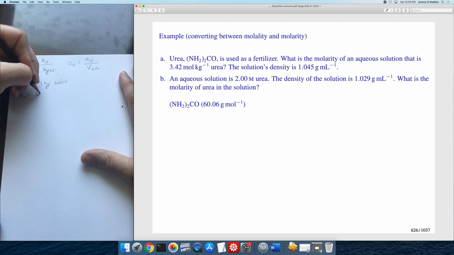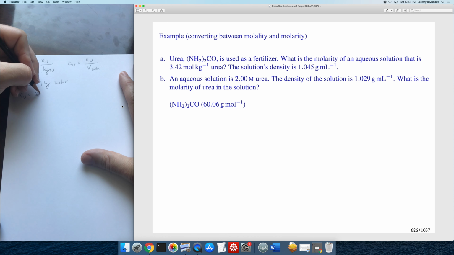So that's 60.06 grams per mole. We've got 3.42 moles. We'll just leave it like that, grams.